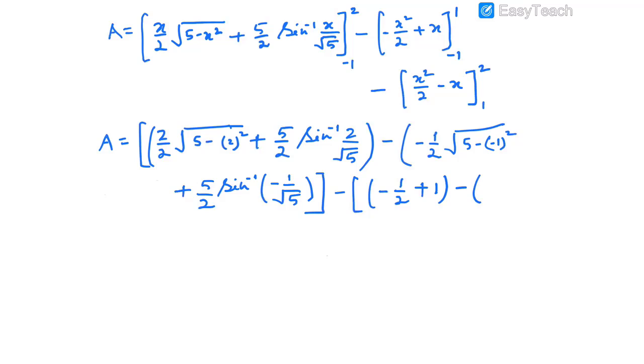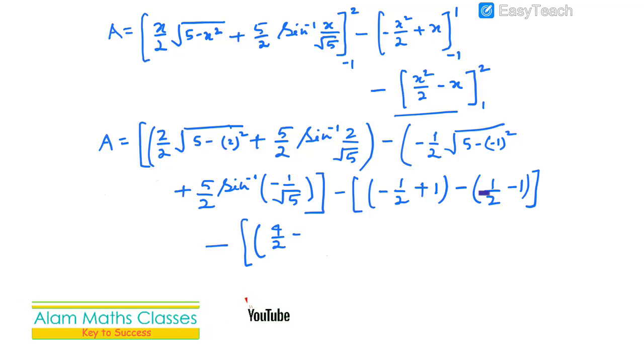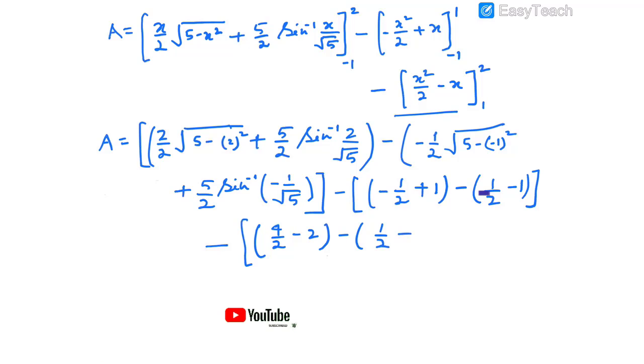Now putting the lower limit minus 1, so again we have minus 1 by 2 minus 1, and third, this 2 square is 4, so 4 by 2 minus 2, and for the lower limit, minus 1 square by 2, so 1 by 2 minus 1.